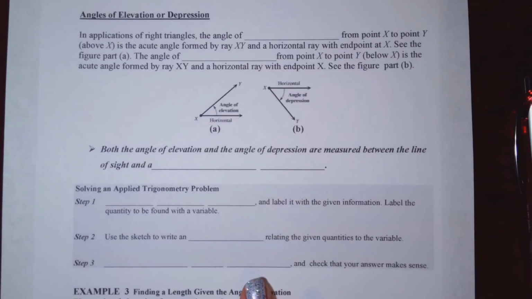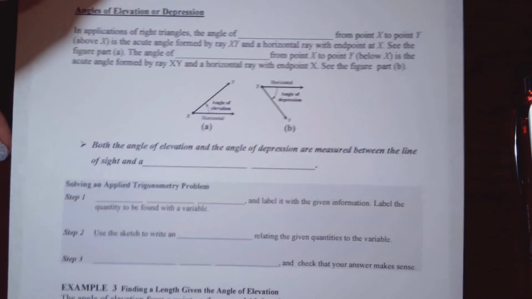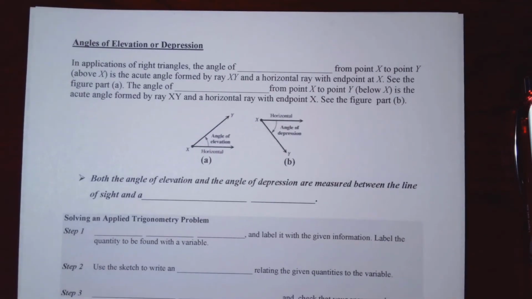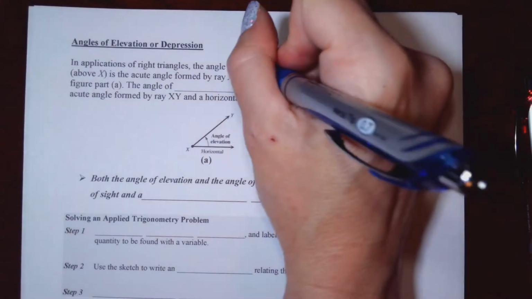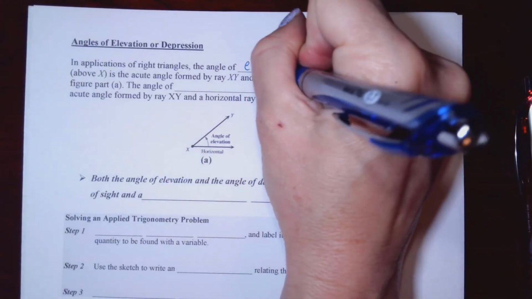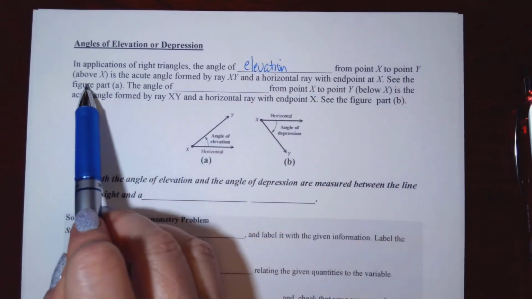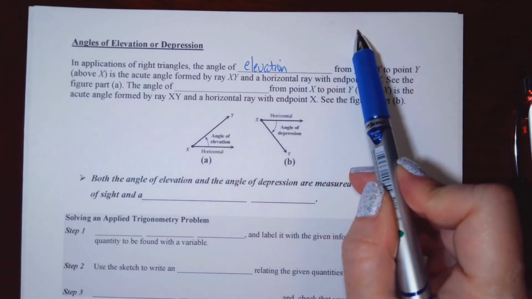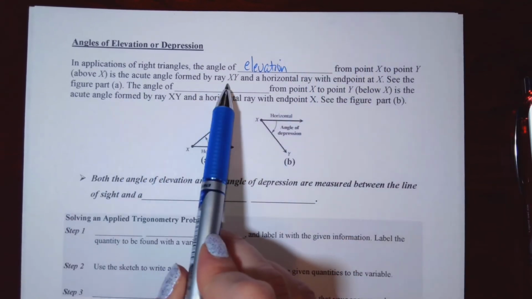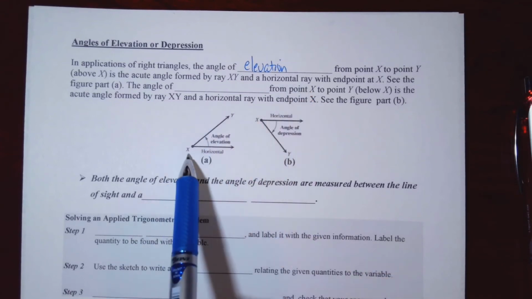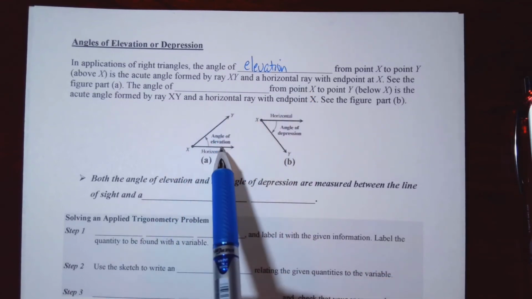Okay, let's look at angles of elevation or depression. When we're applying right triangles, the angle of elevation from point X to point Y, where Y is above X, so we're moving up, elevation, is the acute angle formed by that ray in a horizontal with the endpoint at X. So it's from a horizontal up is an angle of elevation.